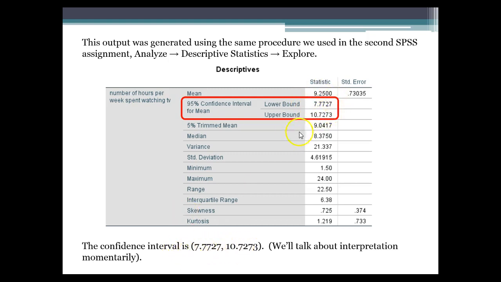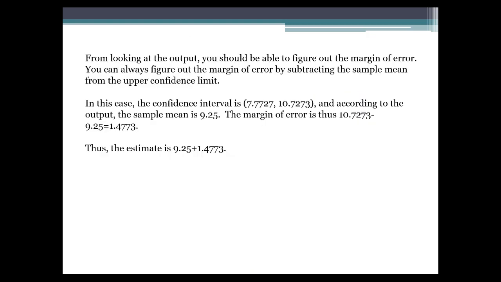The confidence interval is the lower bound, which is 7.7727 hours, up to 10.7273 hours. I want you to be able, from looking at the output, to determine the margin of error. We have our confidence interval at 7.7727 up to 10.7273, and we know our sample mean.